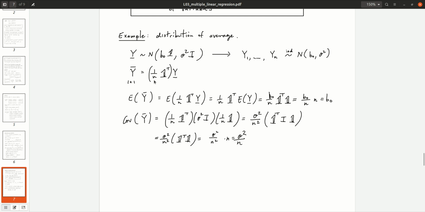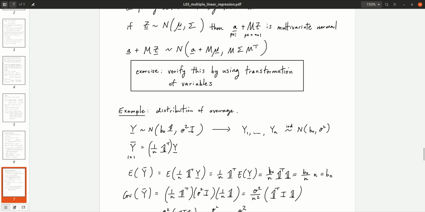And if you look at this, this is just a matrix vector multiplication with y, and therefore it follows the rules for this kind of transformation of a multivariate normal. Here A would be 0 in this formula, and M is equal to 1 over n times 1 transpose.